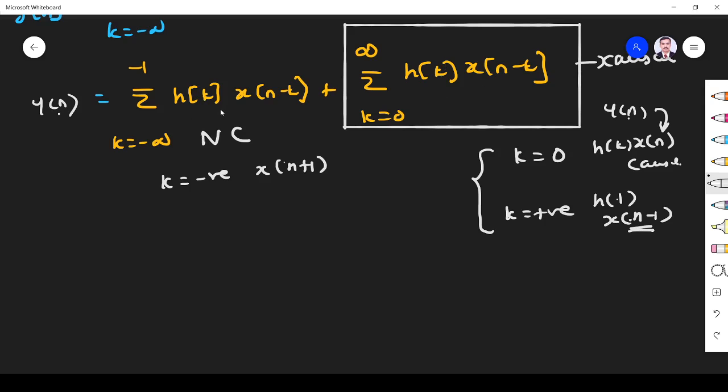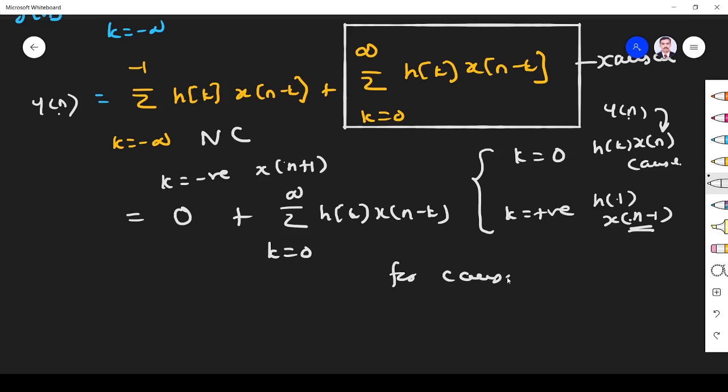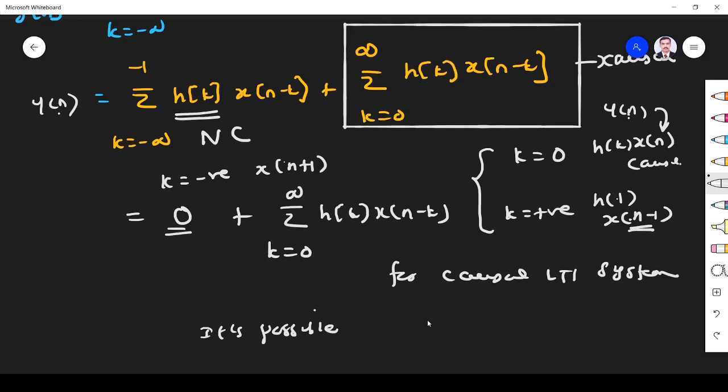When will this be absent? Only when this summation becomes 0, and the output should be equal to k from 0 to infinity h of k x of n minus k, for a causal LTI system. When will this become 0? Only when h of k becomes 0.